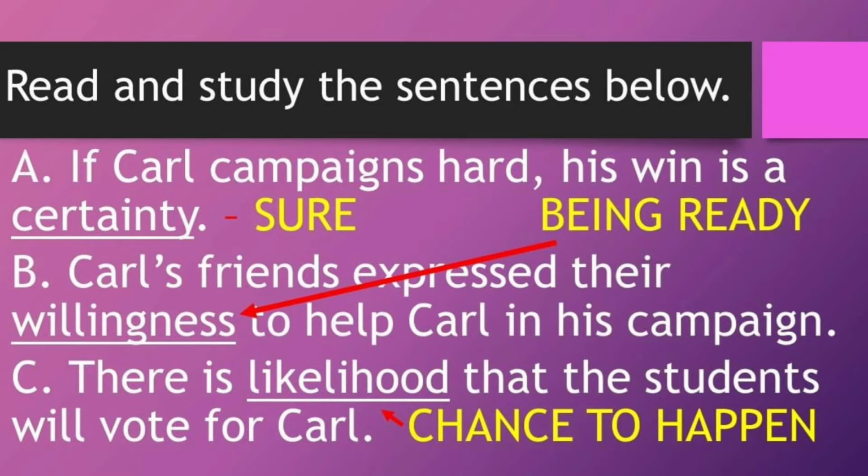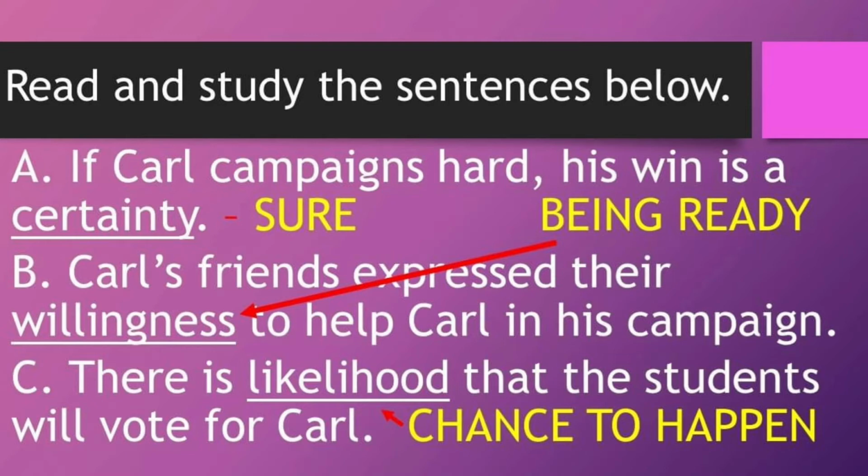Certainty is the quality or state of being certain or sure. Willingness is a state or quality of being ready to do something. And the likelihood is a quality or state of something having the chance to happen.